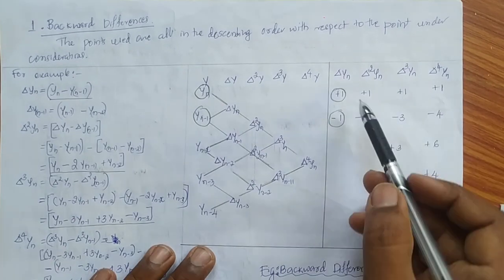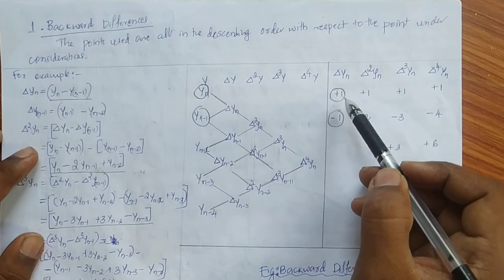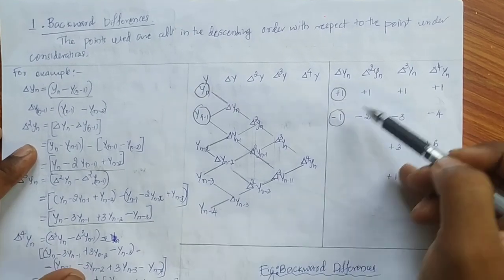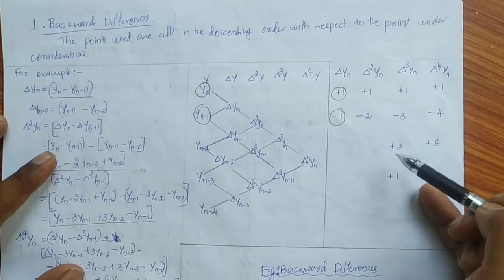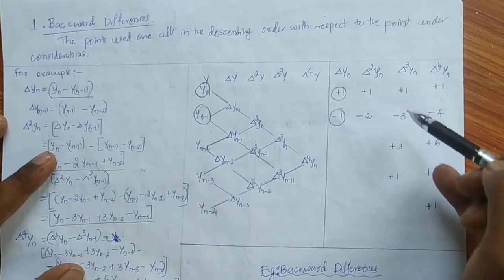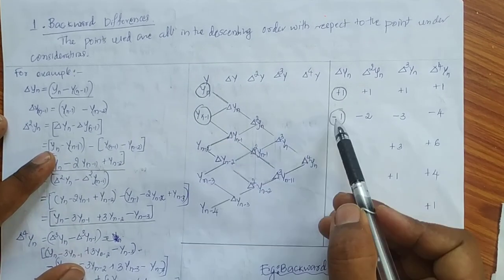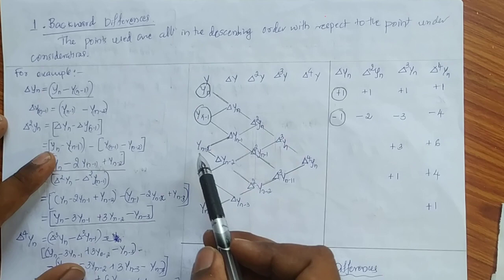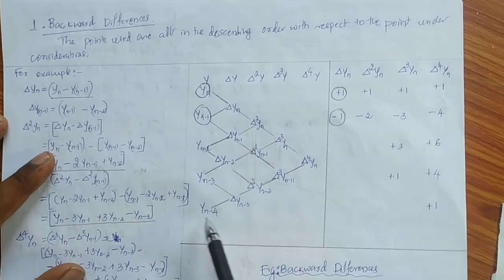Now if you want to get delta yn values, you write down plus 1, minus 1, and this has to be written as yn along with yn minus 1, then the next one yn minus 2, then yn minus 3, yn minus 4.